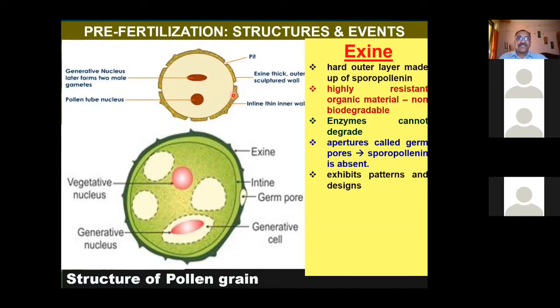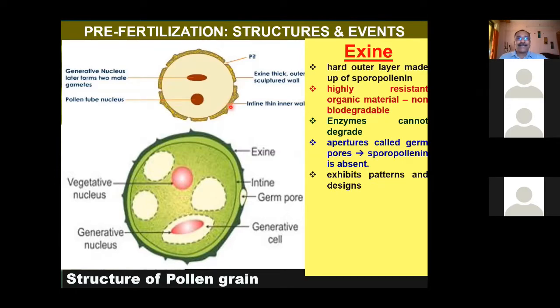Now observe this picture. Here you can see the spiny structure, the thick exine. But this covering is not so clearly visible here. So if you go to this picture, you can see that this exine is not continuous. Why is it not continuous?